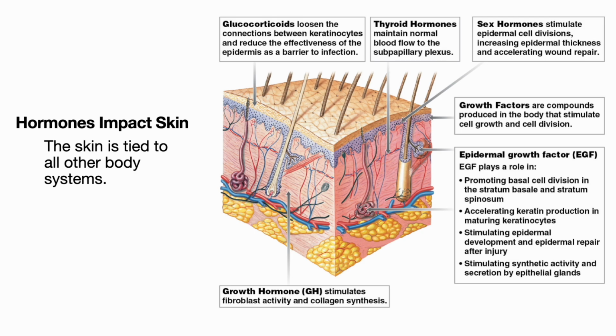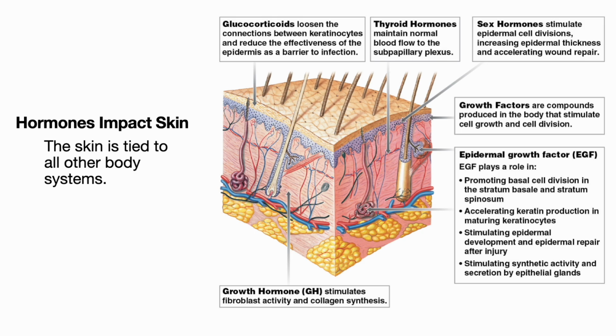But the consequence of that for your skin is that they actually loosen the connections between the keratinocytes, think desmosomes, and that means that the keratinocytes are not as good at preventing infection since they're not as tightly bound. So when you are stressed, you are more prone to infection. You've probably heard that, and now you have an underlying reason why that is.